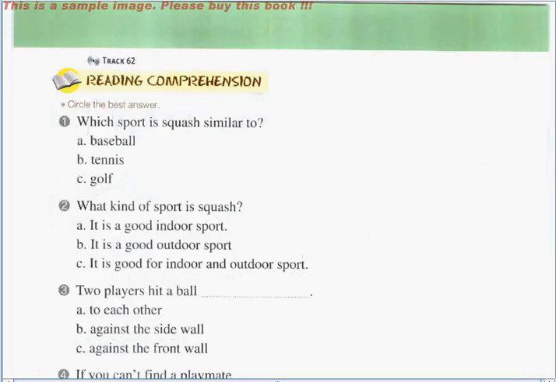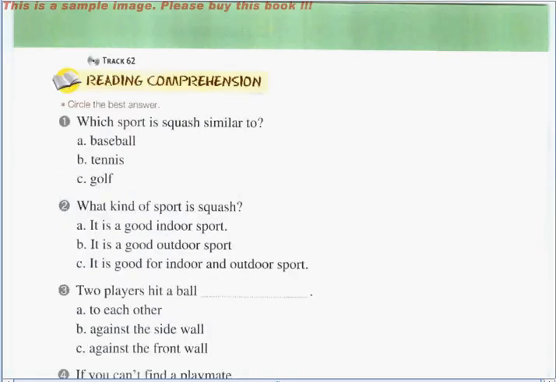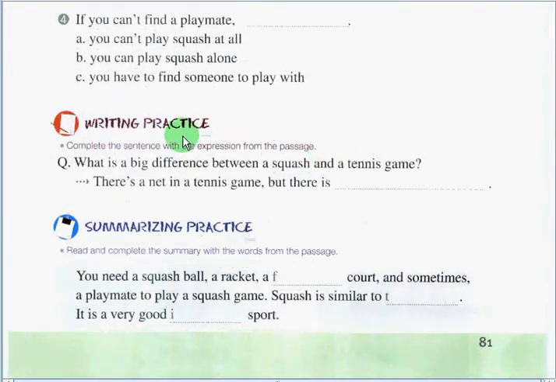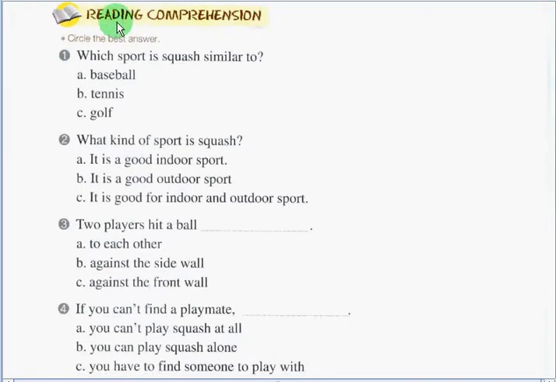We will answer 3 activities today. It is related from the passage about squash. We have here reading comprehension, writing practice, and summarizing practice. So now, let's start on the first activity, which is the reading comprehension.